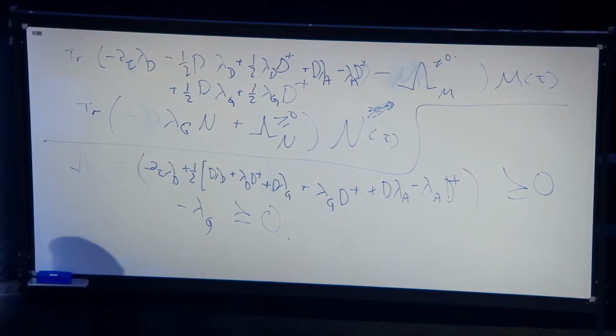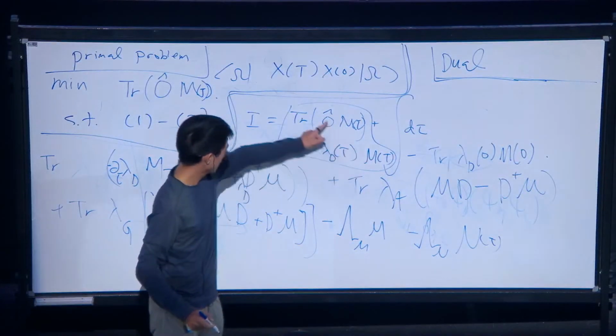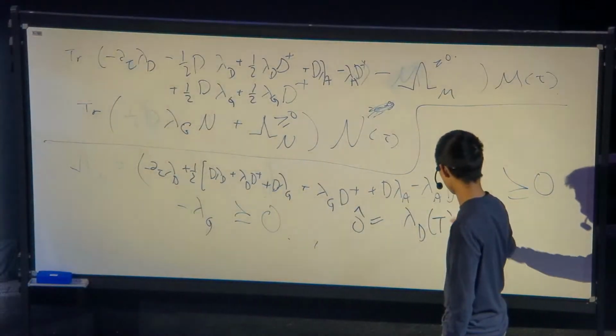Now, that's almost right. We also have to vary with respect to the boundary value. So we have the boundary value m of t, which is an unknown, right? We don't know what m of t is. That's the thing that we wanted to calculate. So varying with respect to that, we look at the terms that we got by integration by parts, right? So integration by parts gave us this extra term, and varying with respect to capital M of t just sets O hat equal to lambda d t, right?